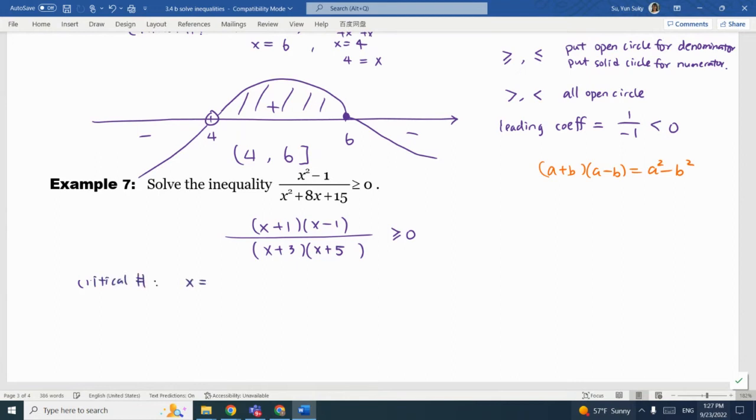We have negative 1, 1, negative 3, negative 5. Is that okay, everybody? Here we should set each factor equal to 0 and then solve for x. Are you okay that we write down the x directly? Yes? Okay.